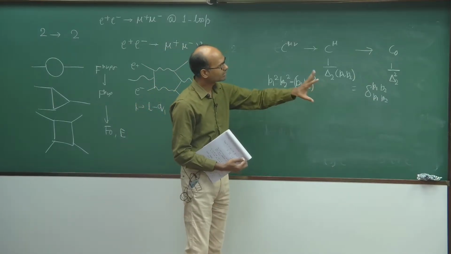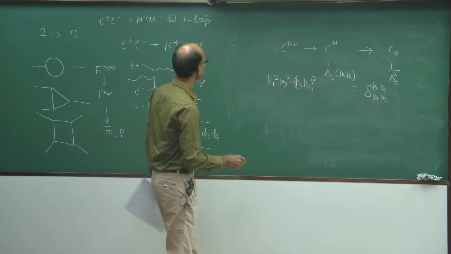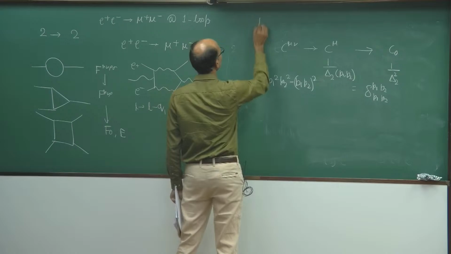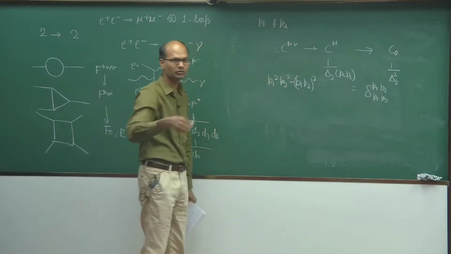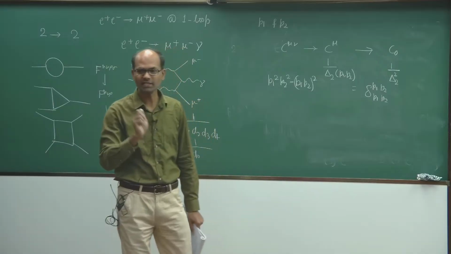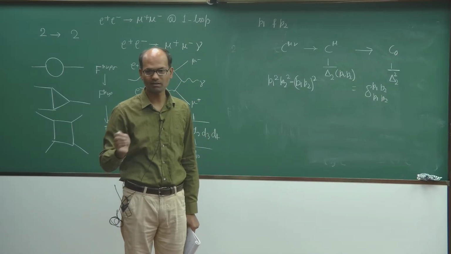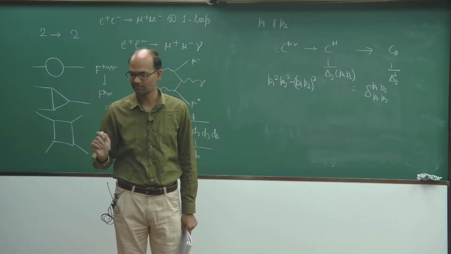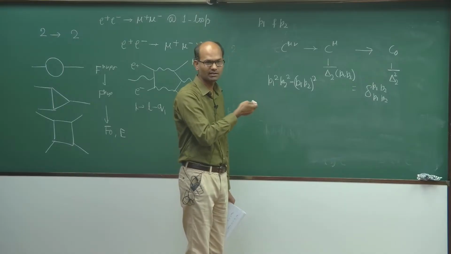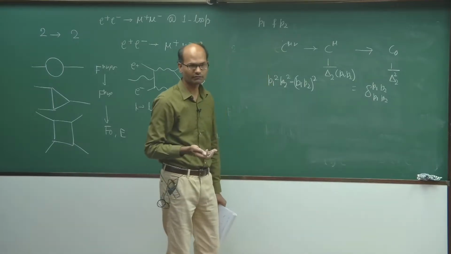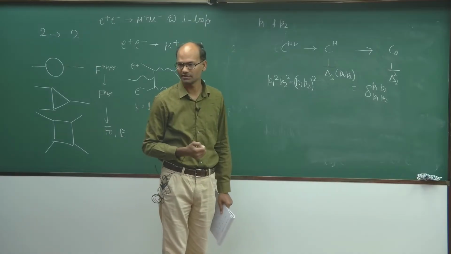Now the whole reduction relied on a crucial statement that P1 and P2, and for that matter P1, P2 and P3, are linearly independent. What does linear independence mean? Whether I can express one in terms of the other. If I can express P1 in terms of P2, then I don't have linear independence.